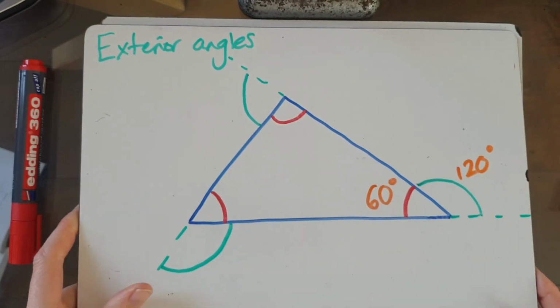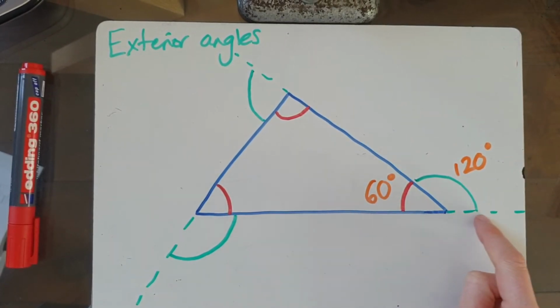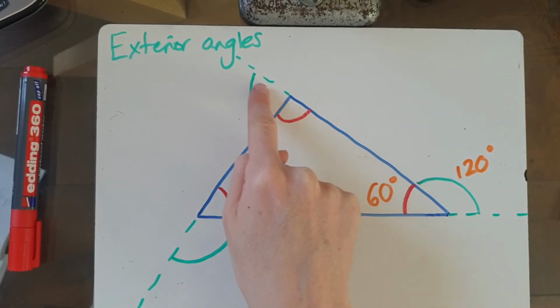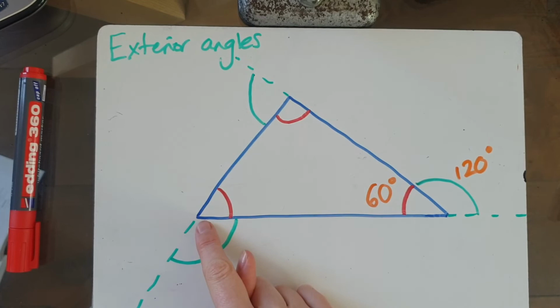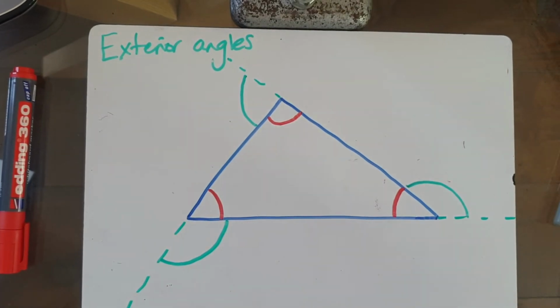And that's exactly what we did here. At each corner, we extended one side of the shape. At this corner, we extended one side of the shape. At this corner, we extended one side of the shape.